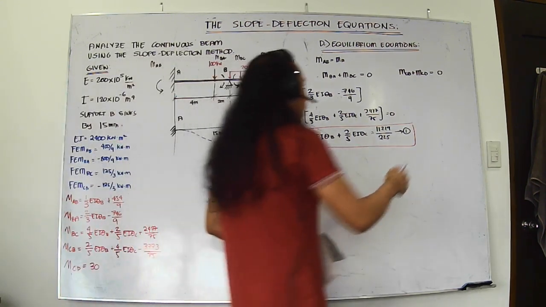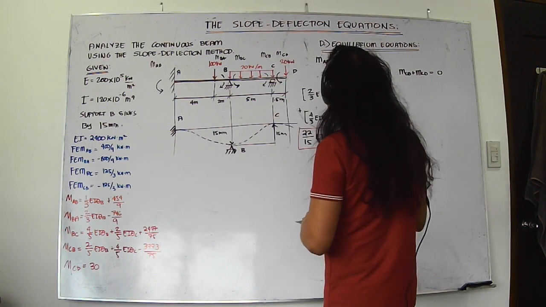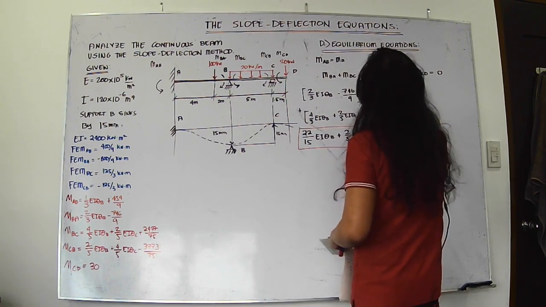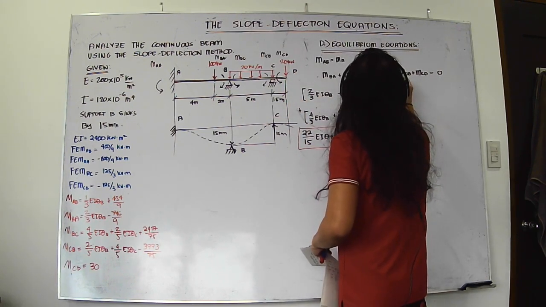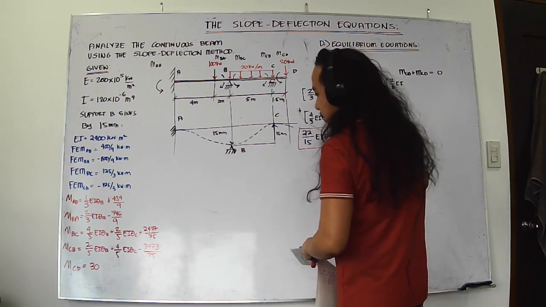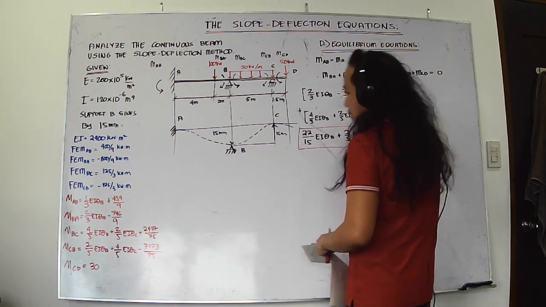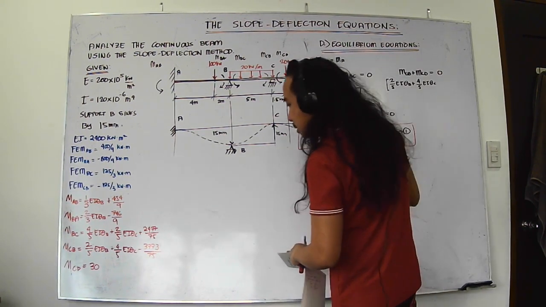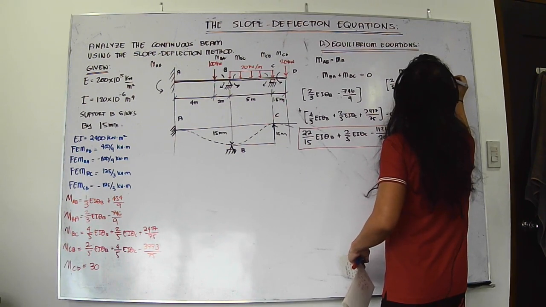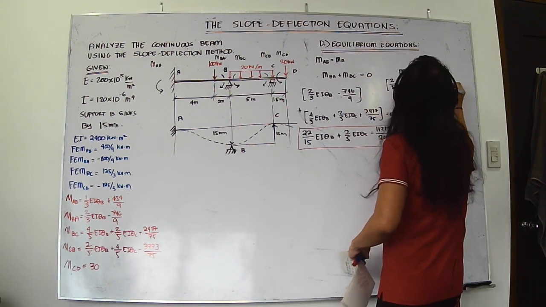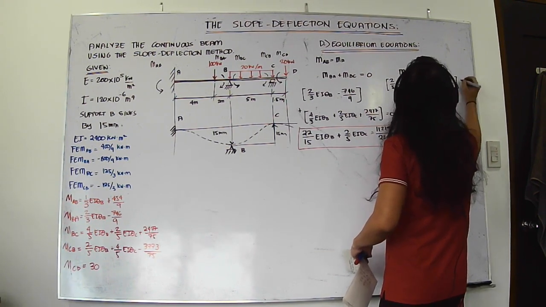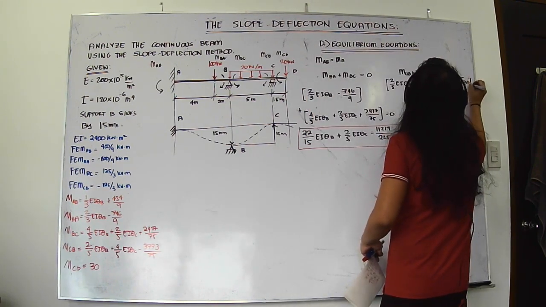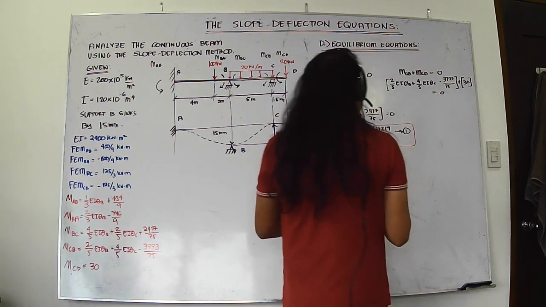The next is for MCB and MCD. MCB is equal to 2/5 of EI theta B plus 4/5 of EI theta C minus 3773 over 75, plus MCD, which is 30, and that should be equal to 0.